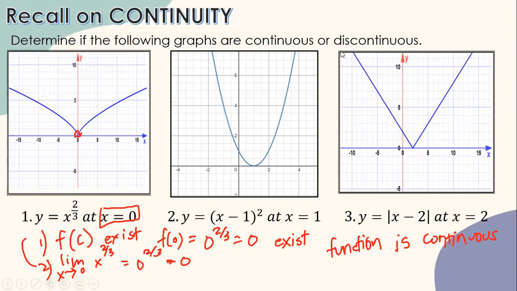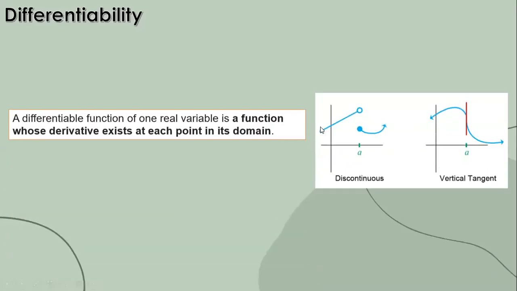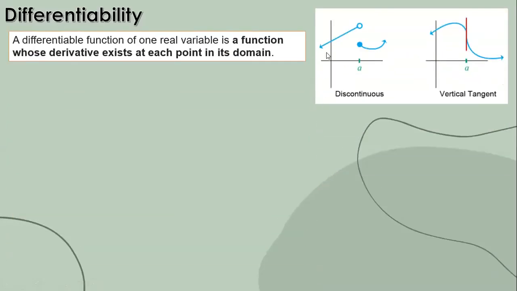Now we will jump to the term differentiability. So what is differentiability? How can we say that a function is differentiable or not at a given value of x? A differentiable function of one real variable is a function whose derivative exists at each point in its domain.